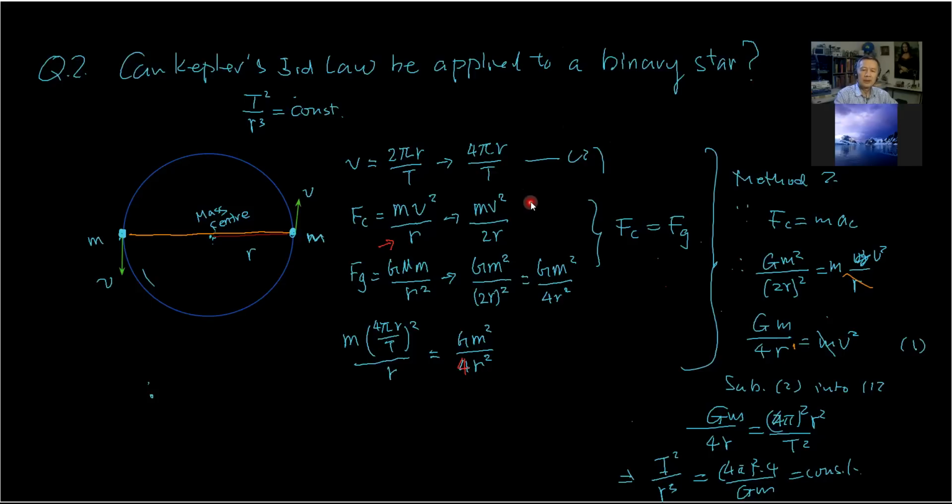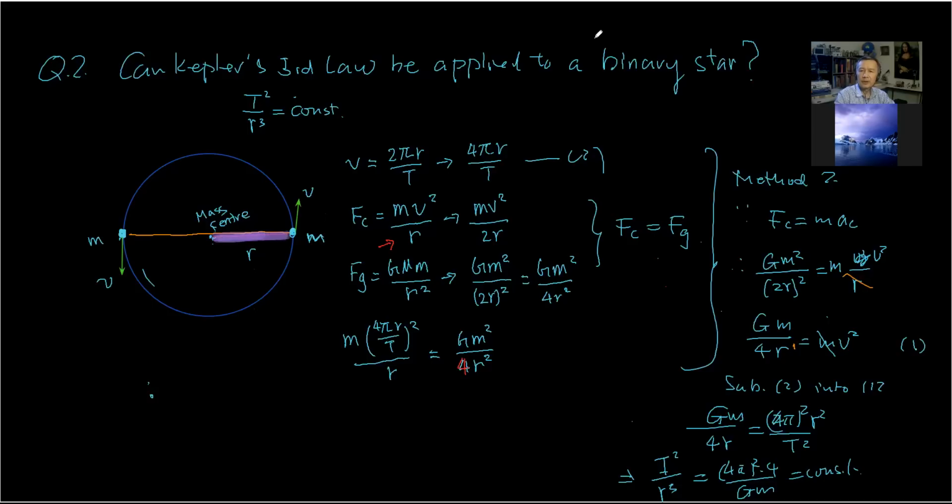No, you don't put 2 there. You don't have to. As I said, this is just 2 objects moving about a center. The formula just picks up one of them. Therefore, the radius must use this distance, not their distance between the two stars. You have to use this distance. This is the radius of this circular motion.